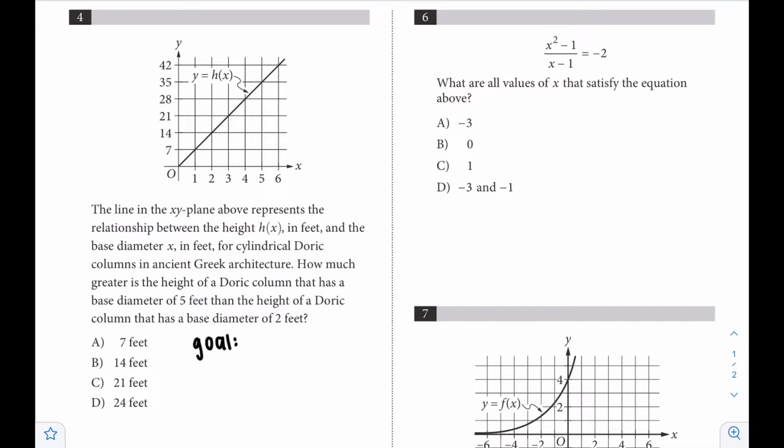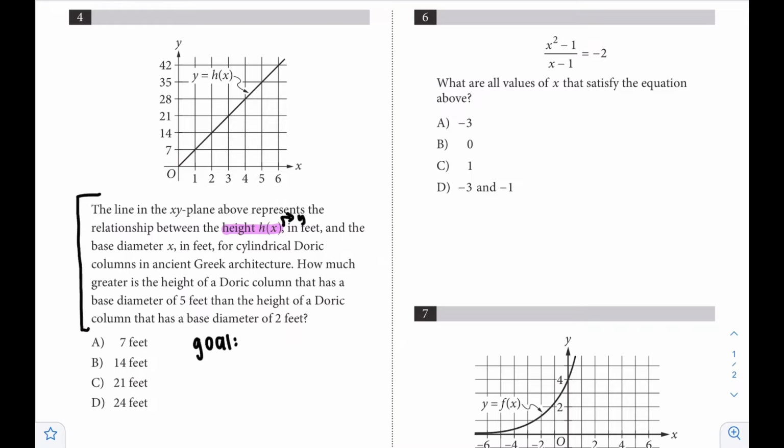So the first thing we want to do is, we've read this huge passage, but we just want to know what the important information is. We know that we have an XY graph plane, and we know that height is h of x, which they're telling us in the graph just means y.